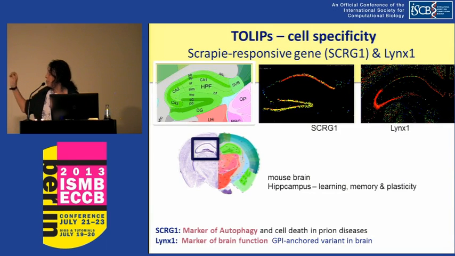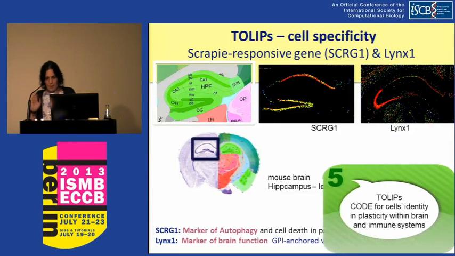So what you see in red is the high expression of specific genes. So you can see that they are almost complementary view, each to another. So each of them bind or expressed in a specific subset in the hippocampus. So keep in mind that TOLIPs, I'm putting it as a statement, they can code for cell identity in a plasticity-dependent manner, such as the immune system and the brain.